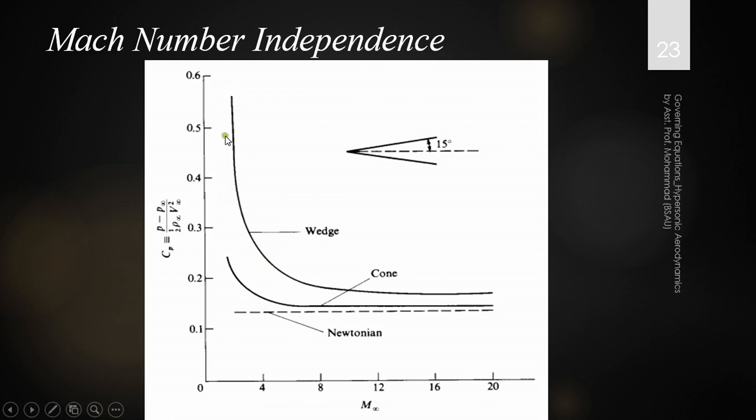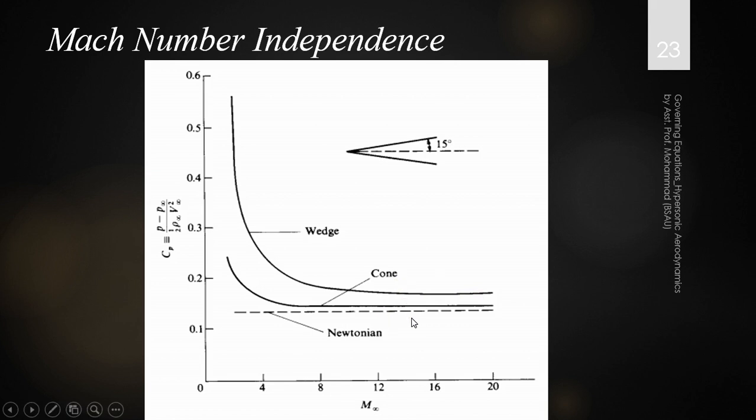So there is a huge effect in this region. But as the Mach number goes higher and higher, they start attaining some kind of constant values, and they are still above the Newtonian values, but they start becoming flat, and Mach number loses control over this, and the parameters actually become Mach number independent.